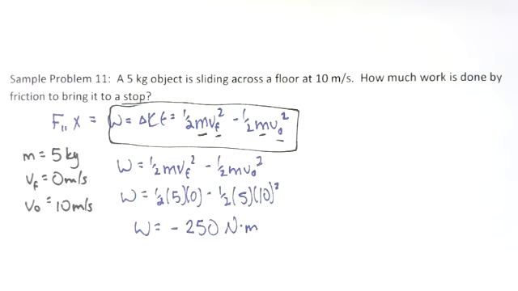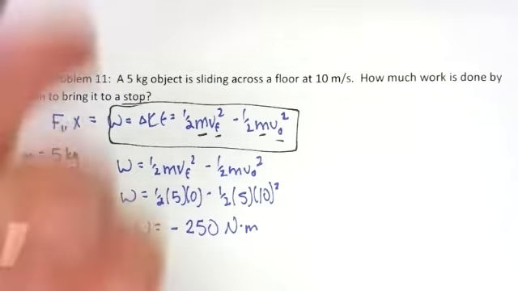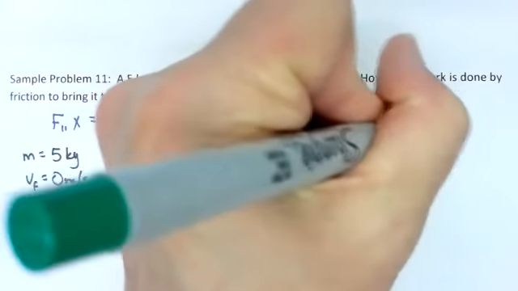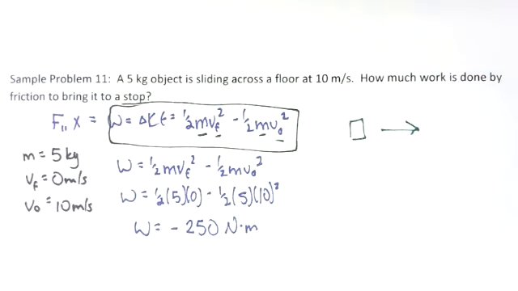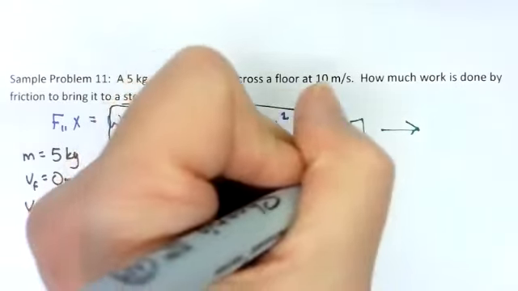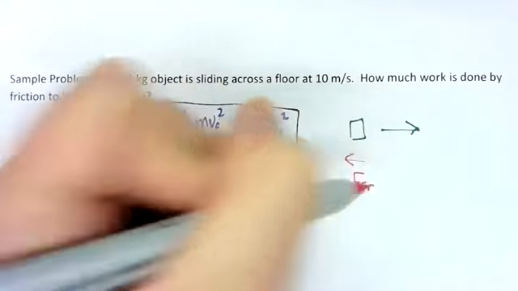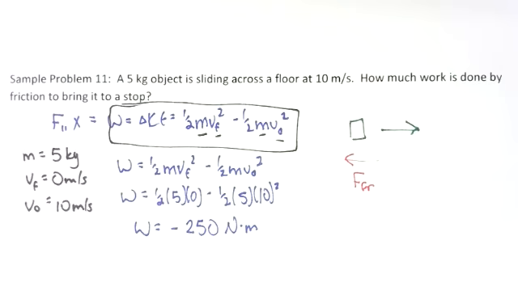And this is consistent because if I put a motion vector here, so if this is my box, and I'm moving this way, we know that friction is operating this way. So the force of friction is going to be this way. And because friction is in the opposite direction of motion, a negative work would be correct. So we know that we've set this up correctly.